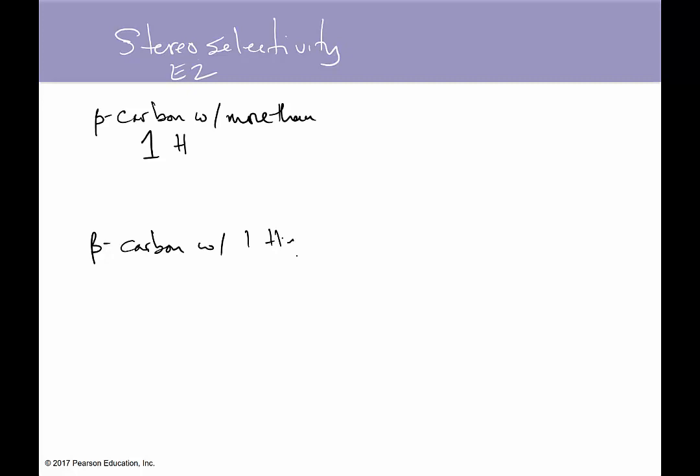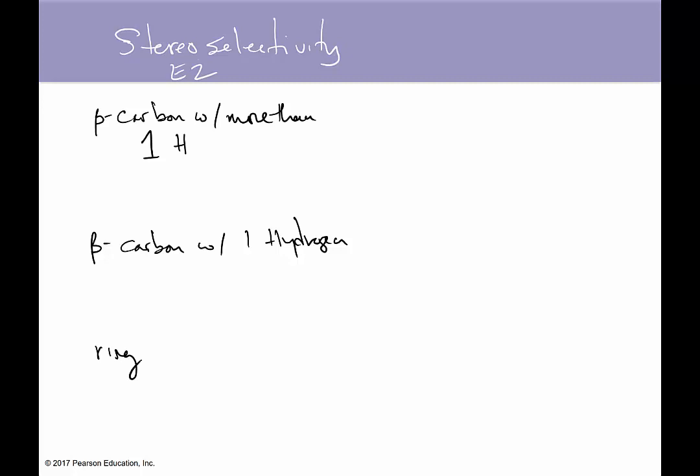I like to break it down kind of like this. Beta carbon with more than one hydrogen, and then you have the beta carbon with one hydrogen, and then rings, because rings are their own special consideration.